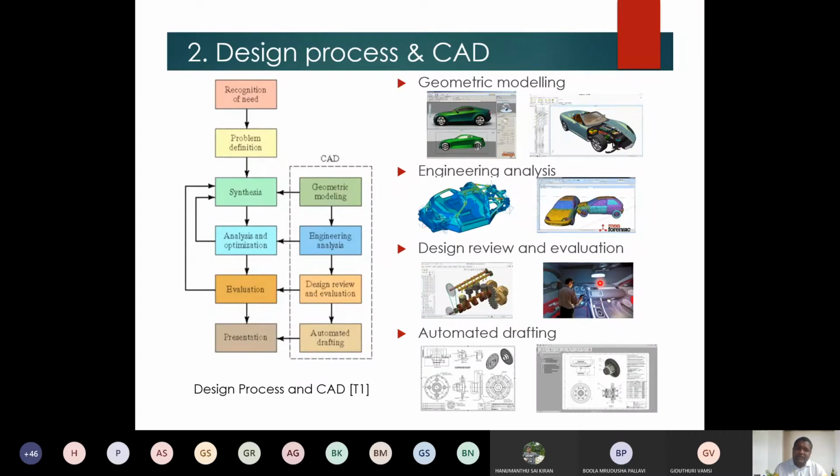By using the 3D model and different technologies for review and evaluation, we can evaluate whether the product is up to the mark or not. The product might be successful in the prior analysis, but it may fail during the final review and evaluation. There are many evaluation techniques available. Another one is interference check.